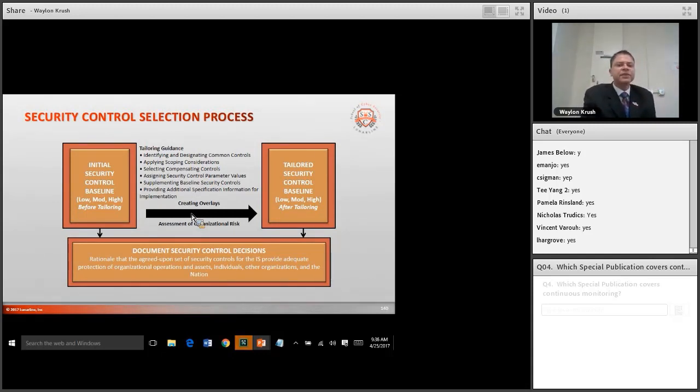The next thing we do is apply the scoping considerations. We talked about this yesterday. We were talking about Michael's systems. So what are some examples of some scoping guidance that he's going to have to deal with for his healthcare systems? HIPAA. So we have a tailored baseline based on laws and regulations. What are some other ones?